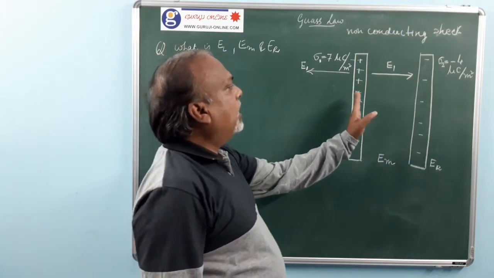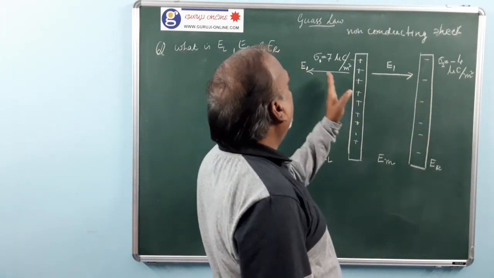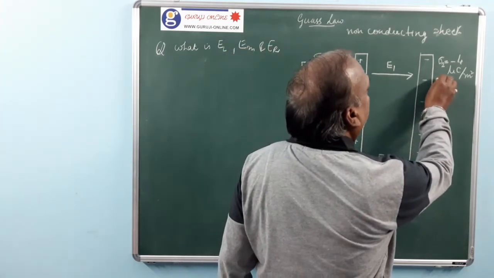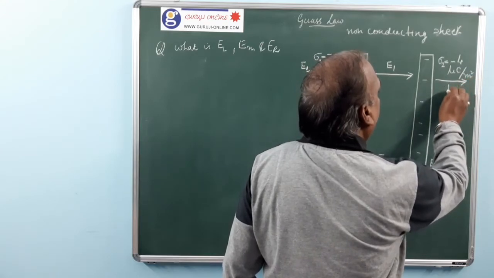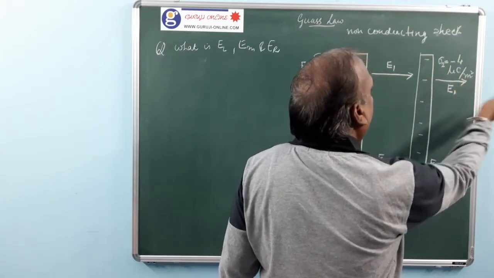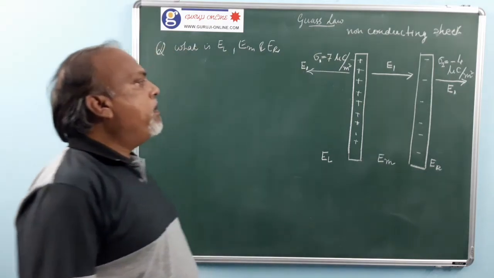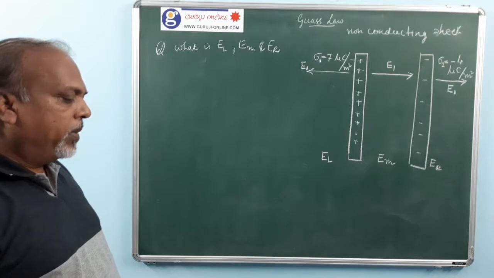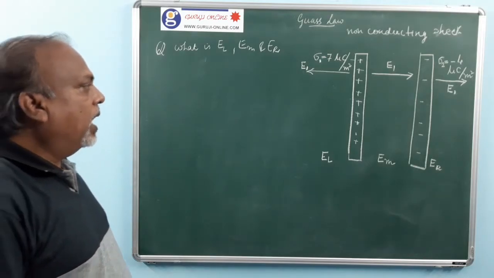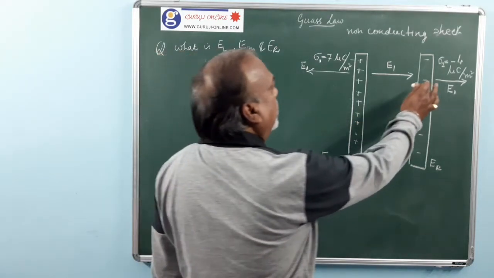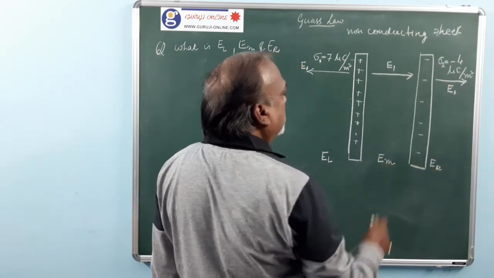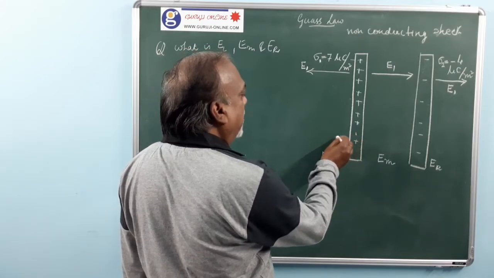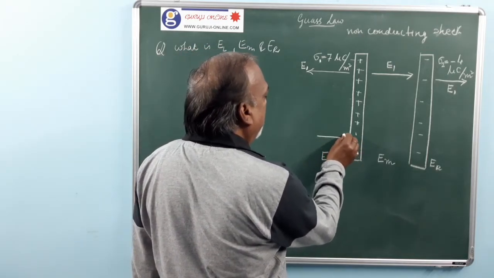Now on the right side, due to this sigma 1, again it will be in the right direction. Correct? Now, due to the sigma 2, the minus sheet, what will be the direction?